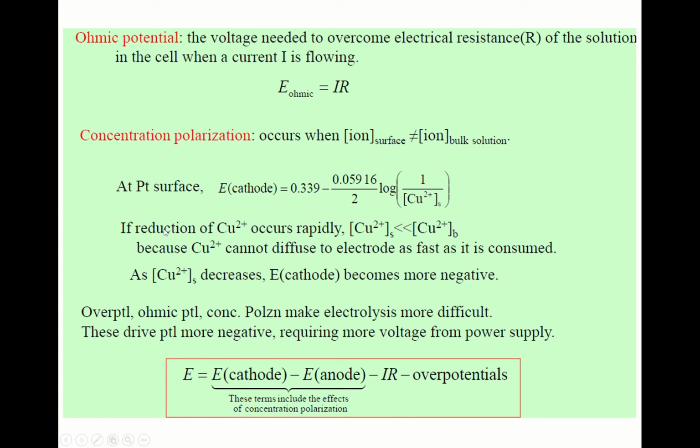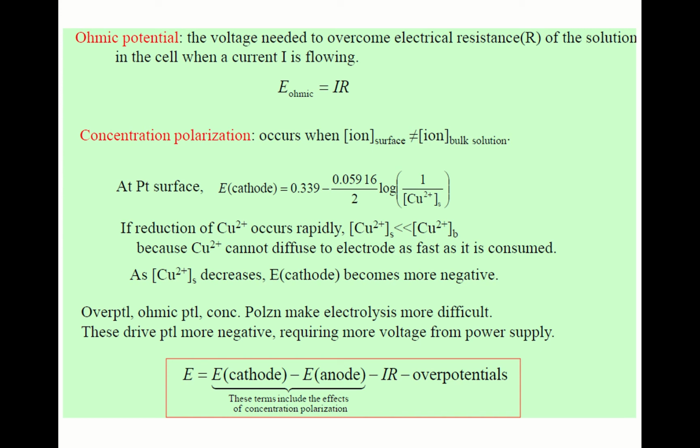If reduction of copper ion occurs rapidly, that means the surface concentration of copper ion becomes very small compared to the bulk concentration. Why?